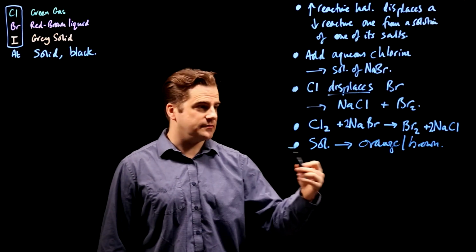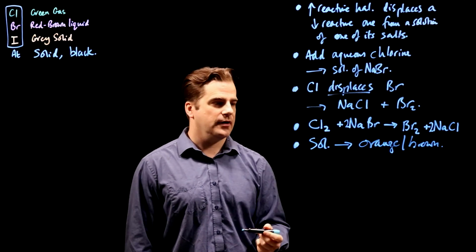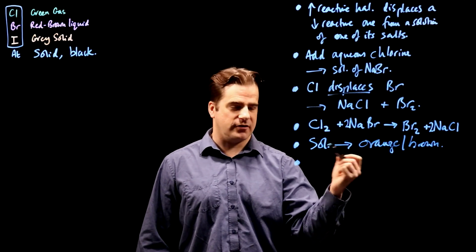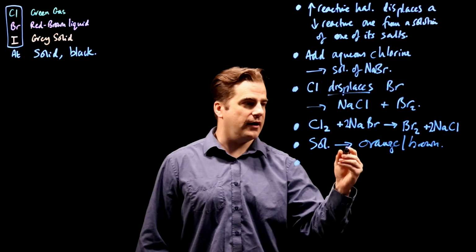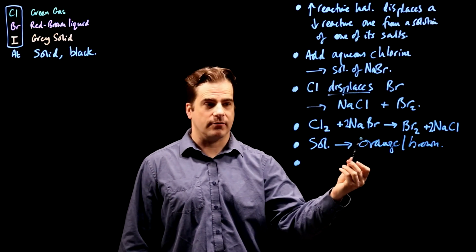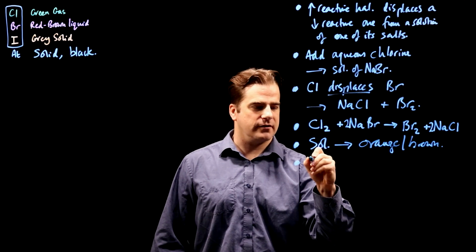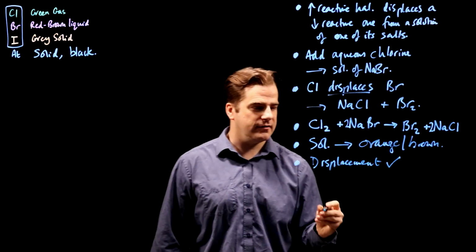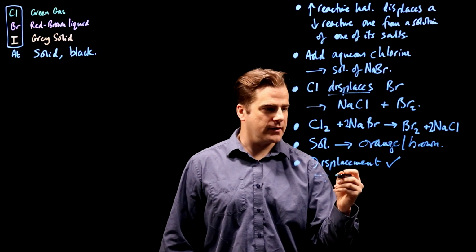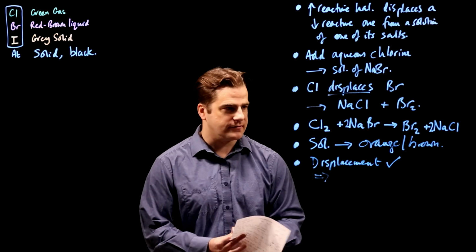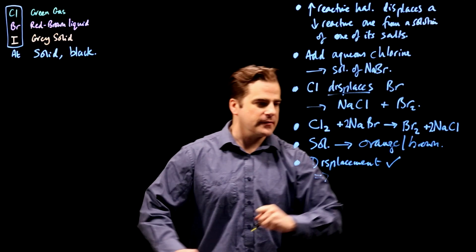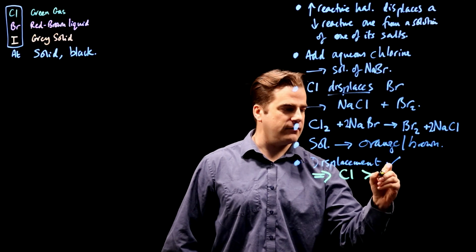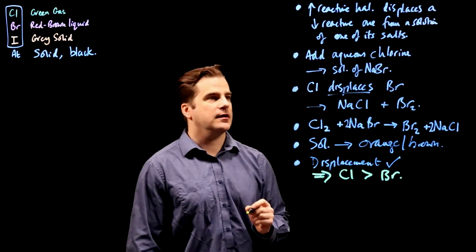You see this colour change, and so you can conclude that a displacement reaction has taken place, and therefore chlorine is more reactive than bromine. I'm going to swap pens because this pen is running out. And therefore you can say that chlorine is more reactive than bromine. Do you get the idea?